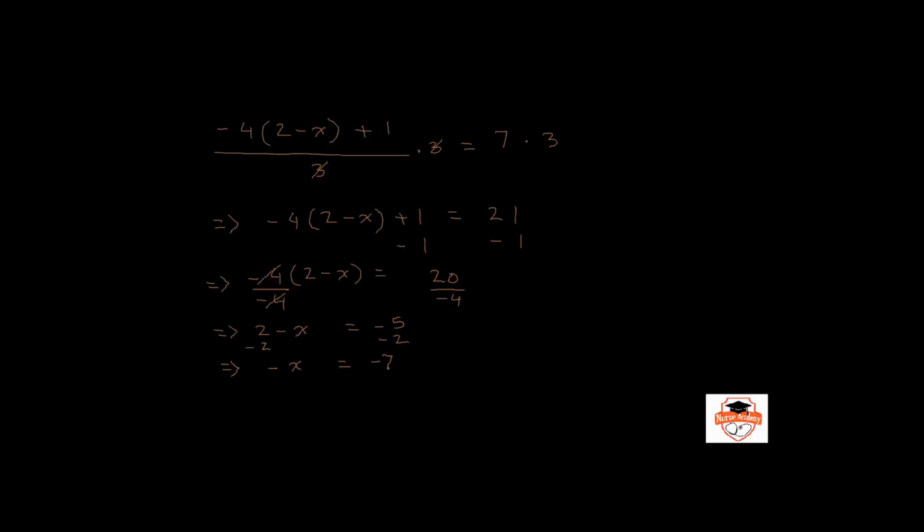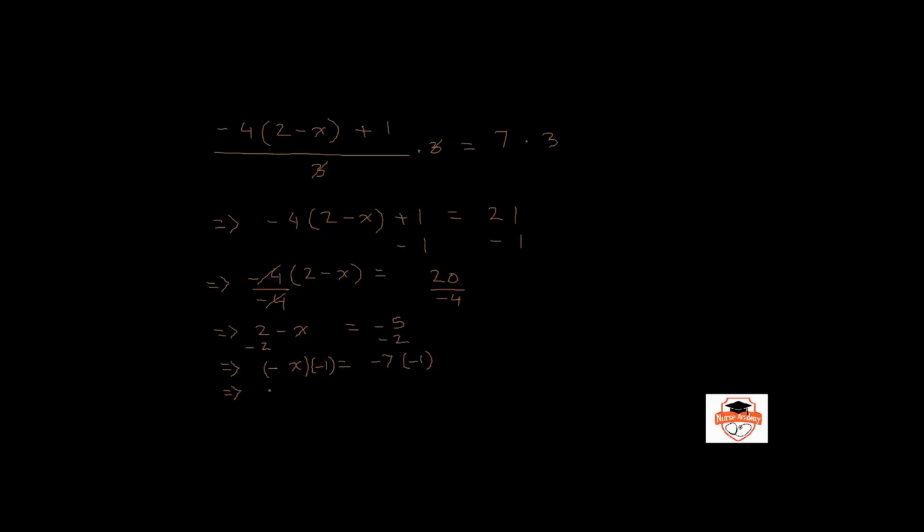Now if negative x is negative 7, what's x? If you can guess the answer, great. Otherwise, simply multiply both sides of this equation by negative 1. When you multiply negative x with negative 1, negative times negative is a positive, x times 1 is x.